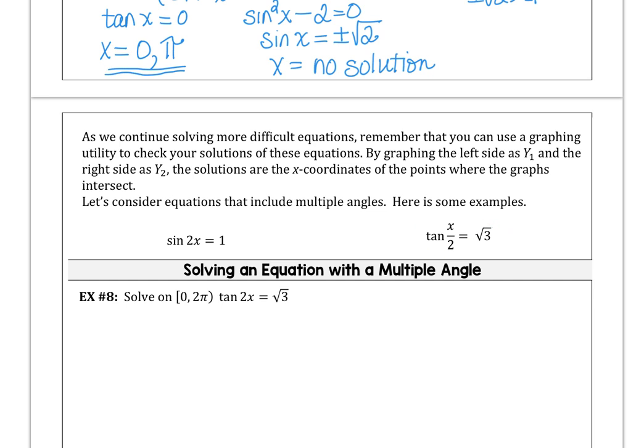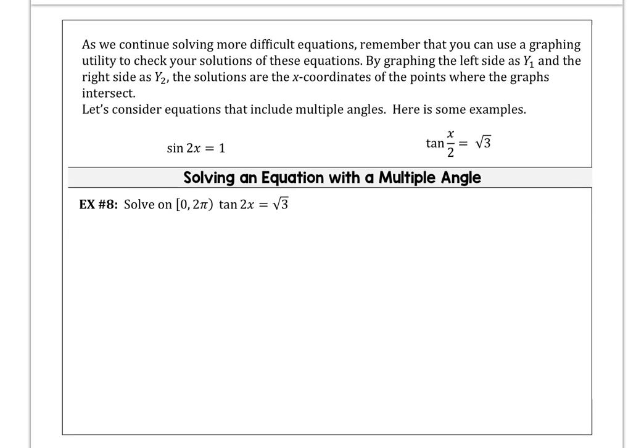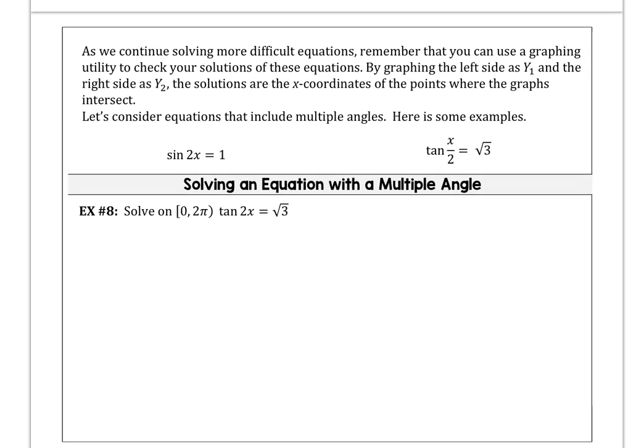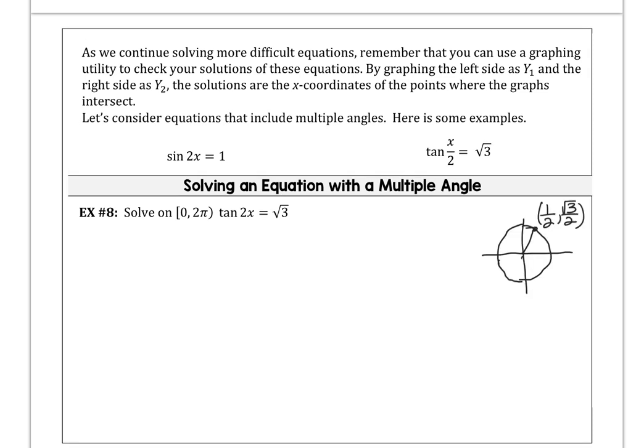I'm going to work example 8. The tangent of 2x is the square root of 3. So where is the tangent of 2x square root of 3? 2x is at pi over 3, because I've got my unit circle here, and tangent is the ratio of radical 3 over 2 divided by 1/2, which is square root of 3.